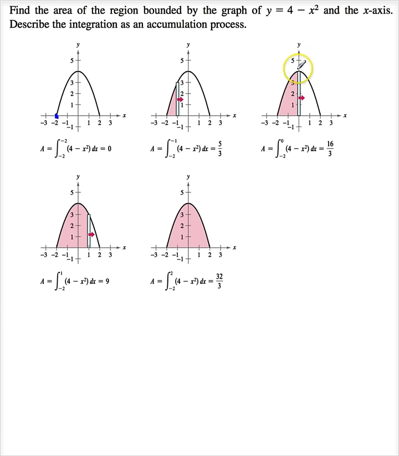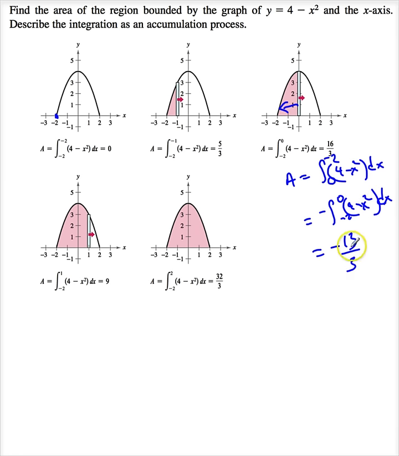So if I were to define it so that we start at x equals 0, and then if I were to go backwards, then this area from 0 to negative 2 of 4 minus x squared dx, remember, this is going to equal negative the area from negative 2 to 0 of 4 minus x squared dx, or this will be negative 16 thirds. 16 thirds, sorry about that.